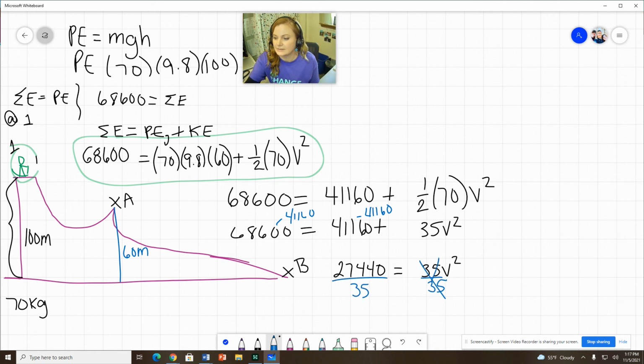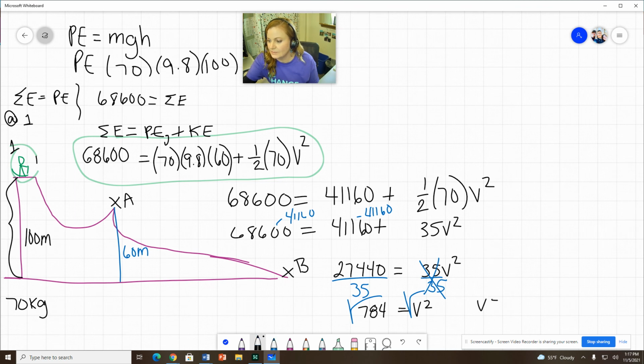This cancels. Gives me 784. And now I just need to take the square root of both sides. So it tells me that the square root of 784 is 28.